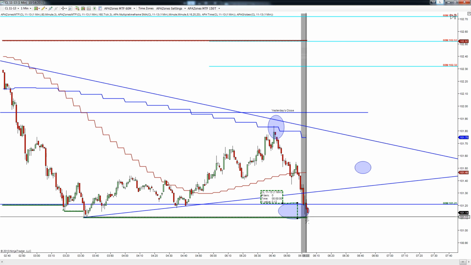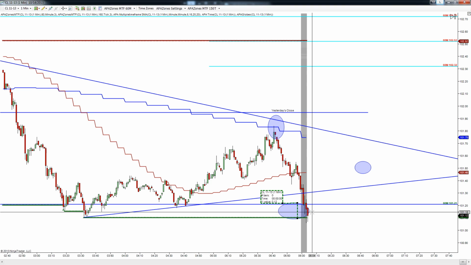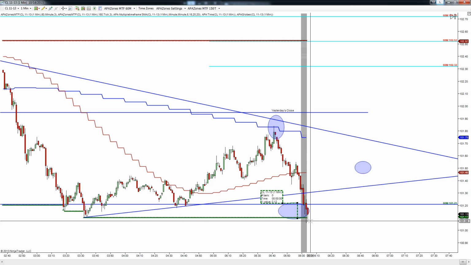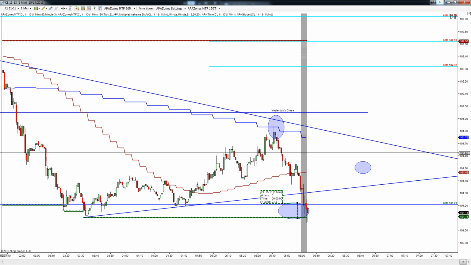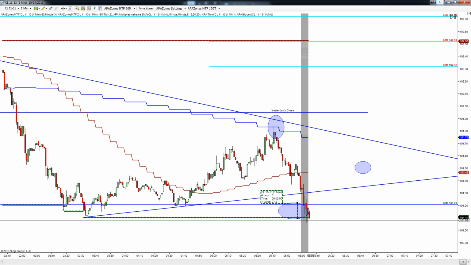We've had two pretty good size wick bars here, but both have made a new low. Okay, so the last bar was an inside bar.